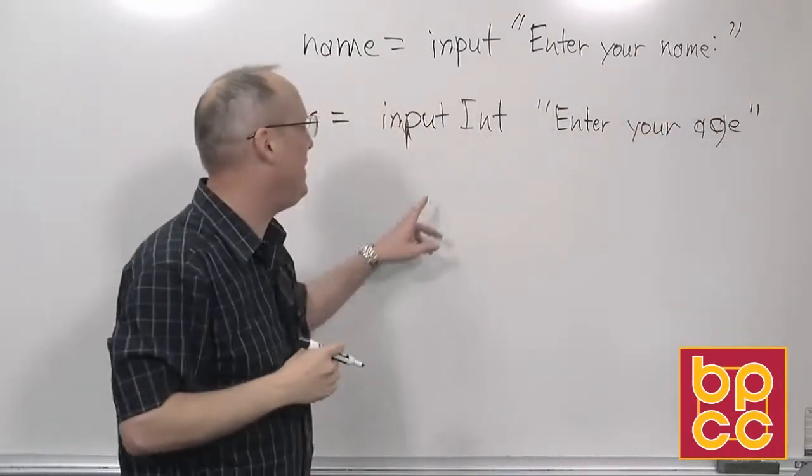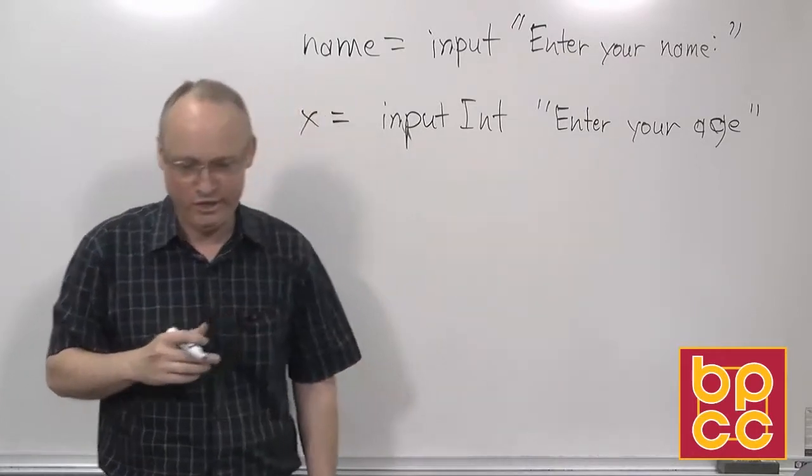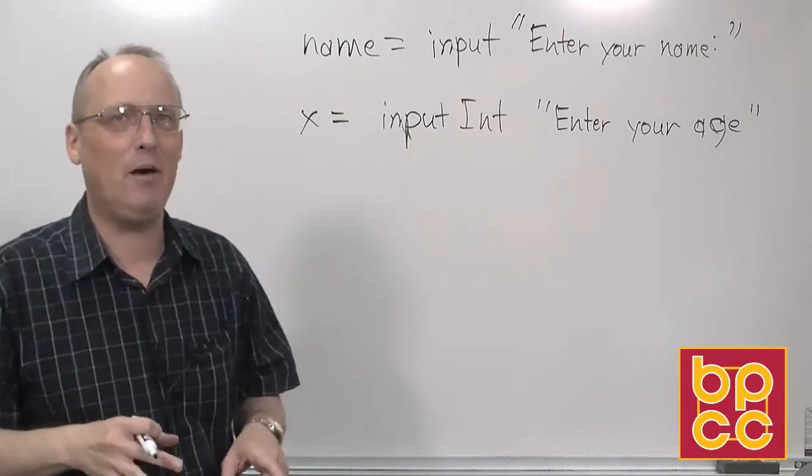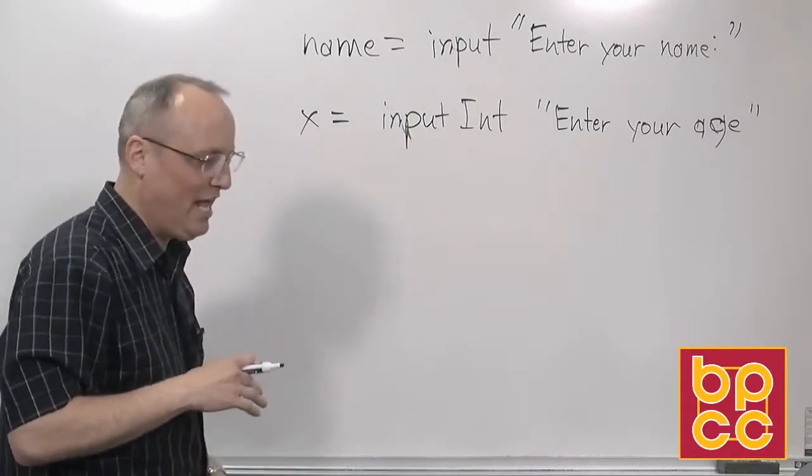Like in this case, let's say I'll say input int, enter your age. And then they'll type in a number and it gets stored in x right here.